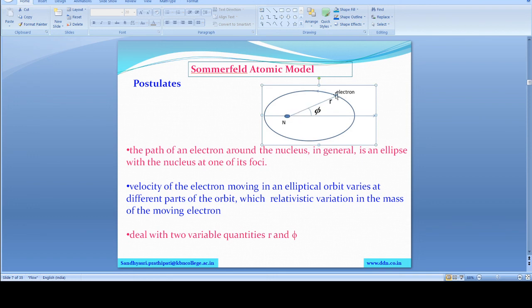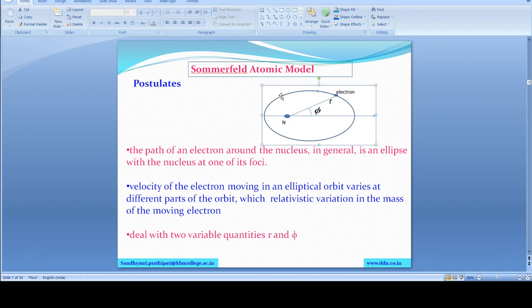Here is the distance r. If it comes to this position, r may be reduced. When it comes to this position, r may be increased. So when it comes back here, r is reduced, the denominator value is reduced, right? So the total fraction value is increased. So the attractive force is more here, at the nearest point.